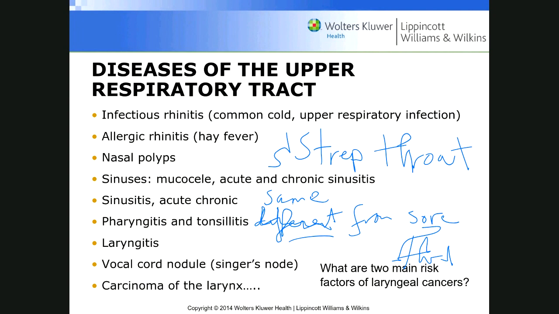Strep throat is caused by streptococcus, and you can say group A. Whereas pharyngitis is caused by a virus, so antibiotics are no good.